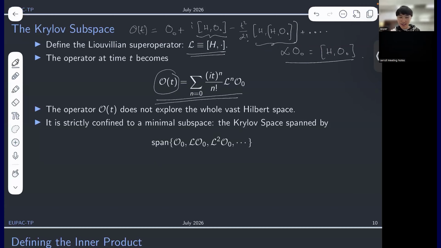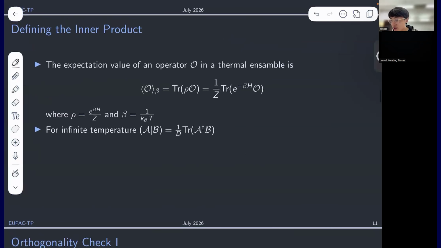It just explores a subspace of this operator Hilbert space, and this subspace is spanned by all these nested operators. It cannot go anywhere else. So we have this certain subspace.